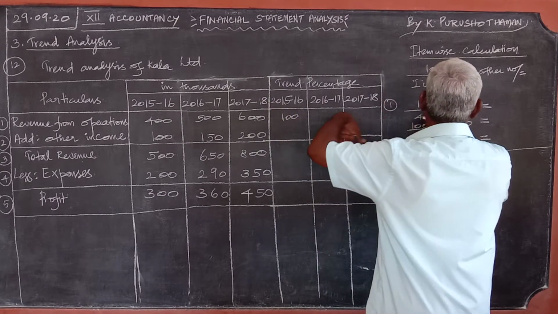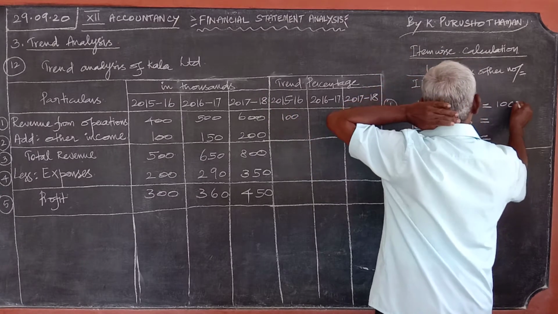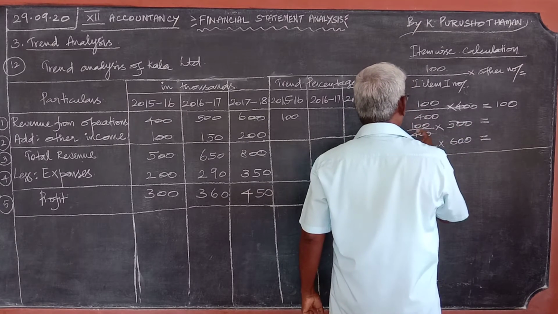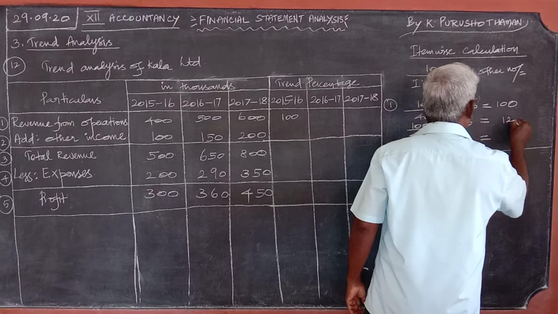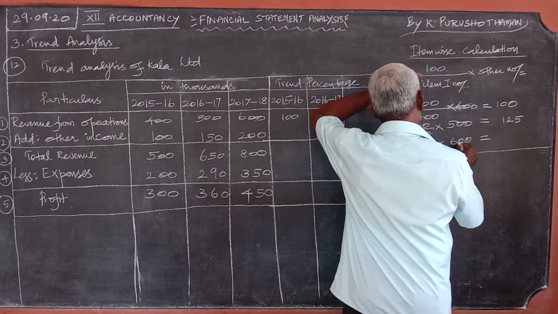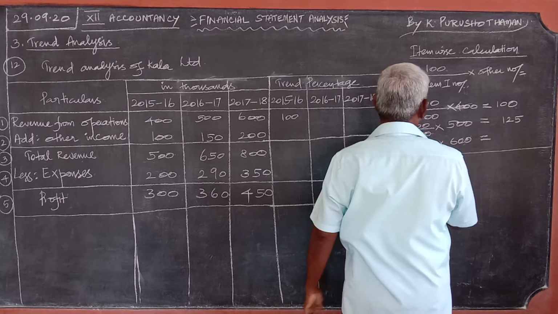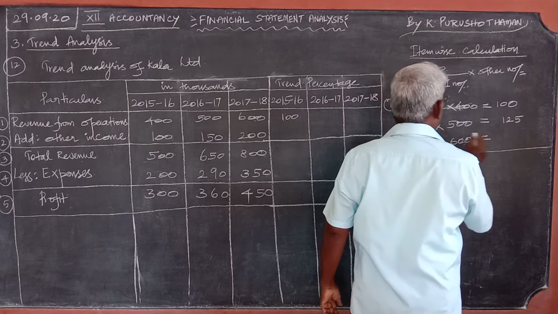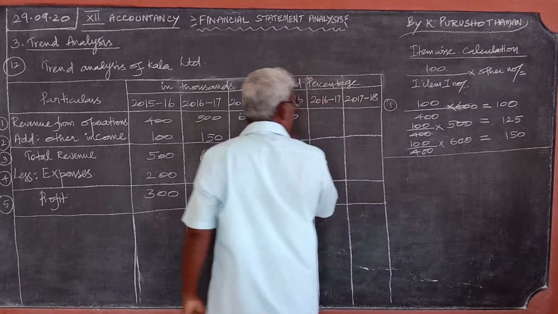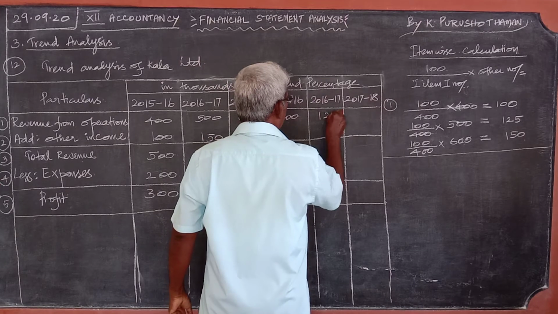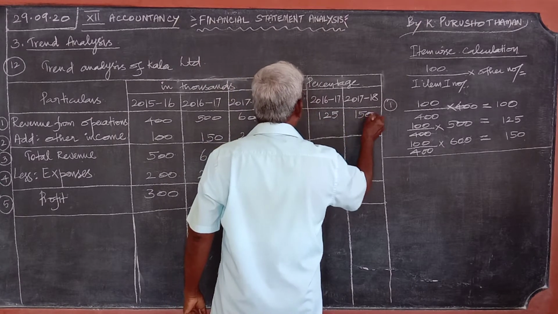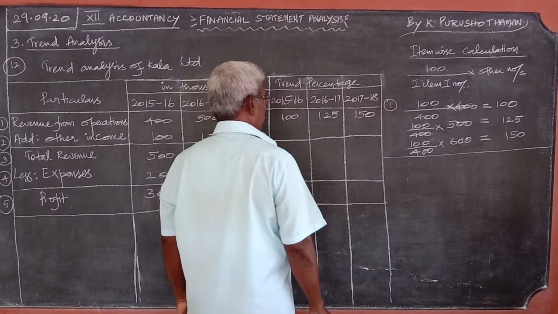Simplifying by cancelling two zeros, 25 fours, 5 into 25 is 125. Similarly 6 into 25 is 150. Therefore 100, 125 and 150. This is the trend percentage.